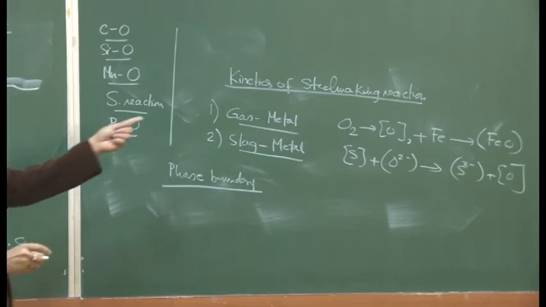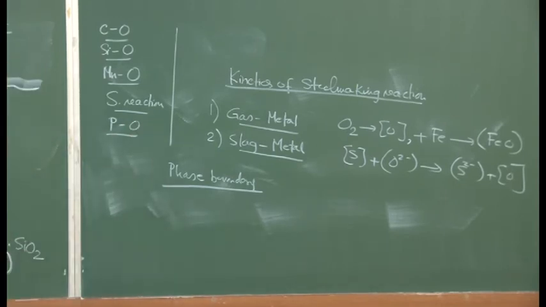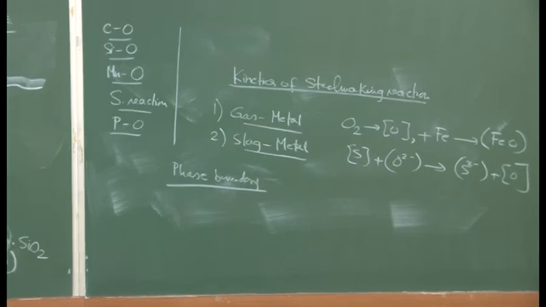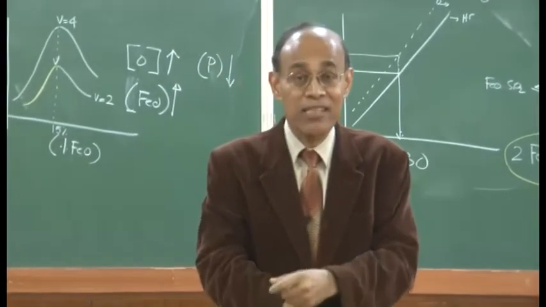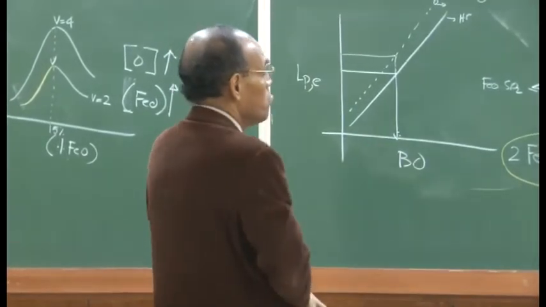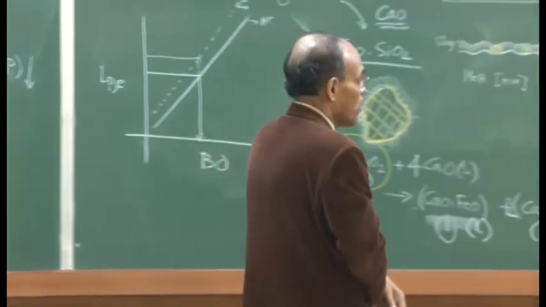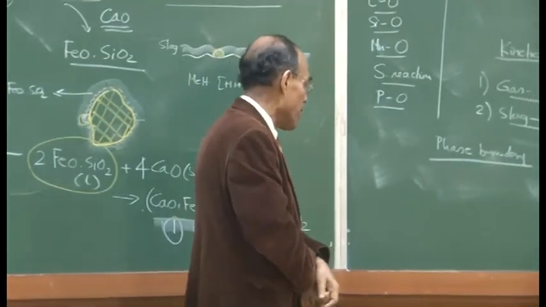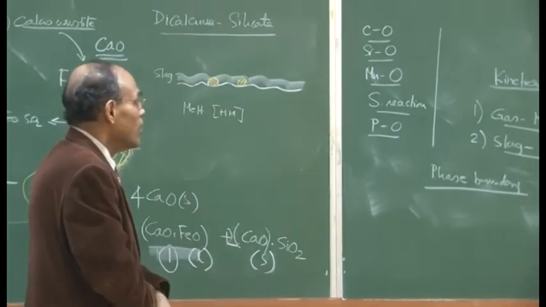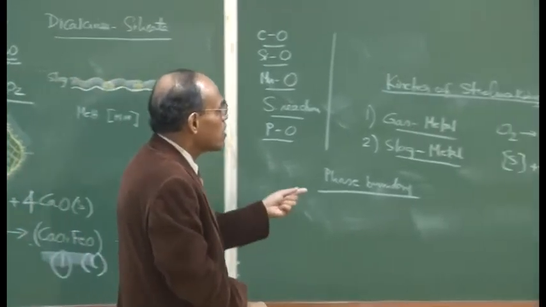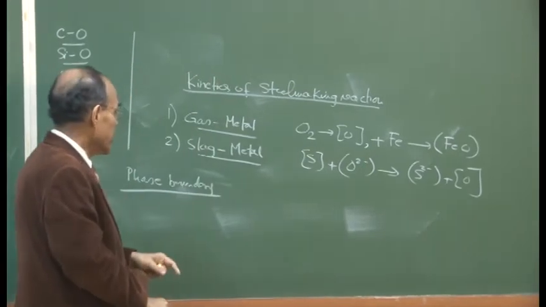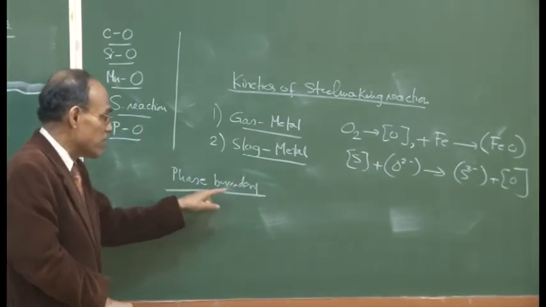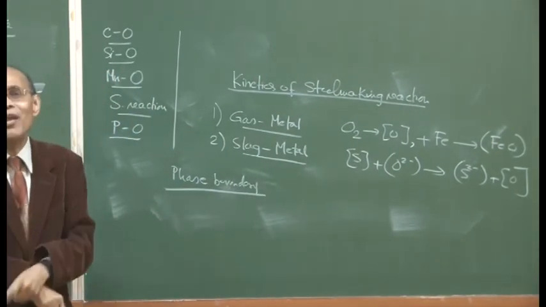If the reaction takes place at the boundary, it must be understood that since these are multi-component systems, slag is not just CaO. The slag will contain CaO, SiO2, sulfur, phosphorus, MgO, etc. So, if there is a reaction of CaO with sulfur, then the CaO must be available at the phase boundary.